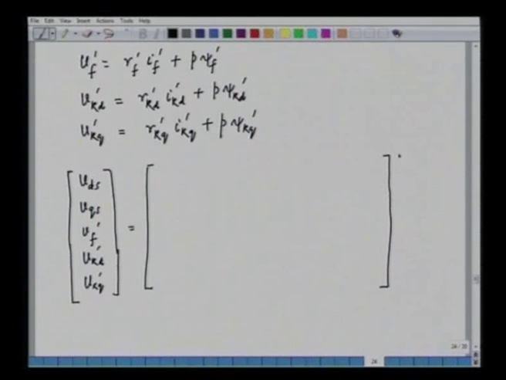And here we have the various currents: IDS, IQS, IF, IKD and IKQ. Now, this is a 5 by 5 matrix and we can fill up the various elements of this matrix, and the elements are as follows.